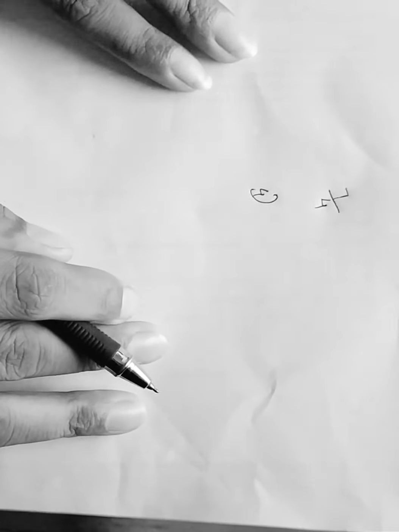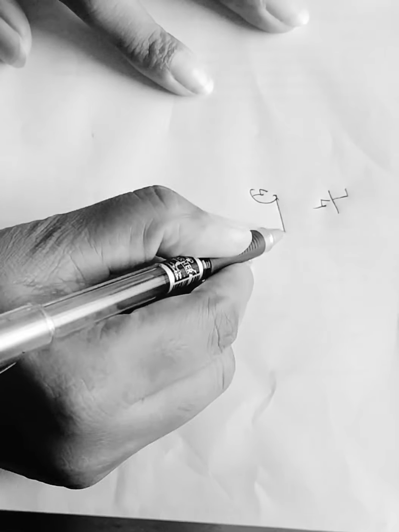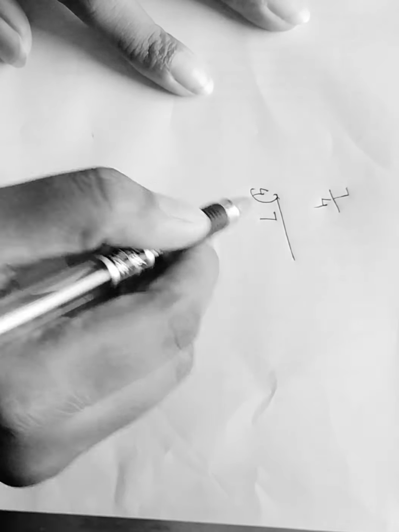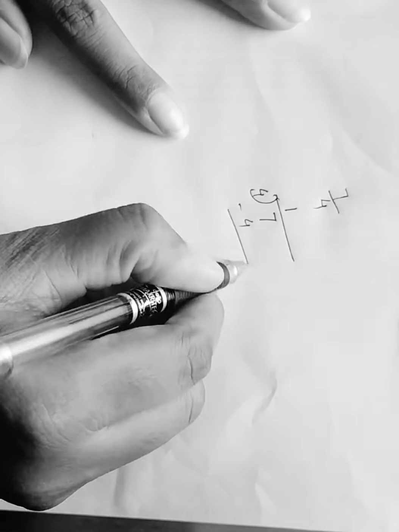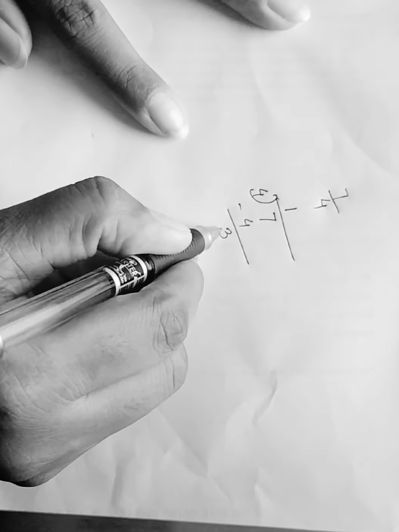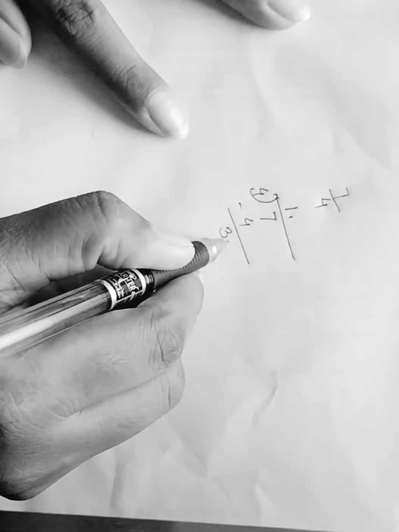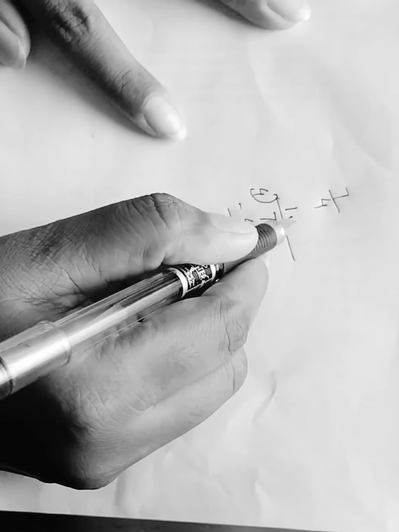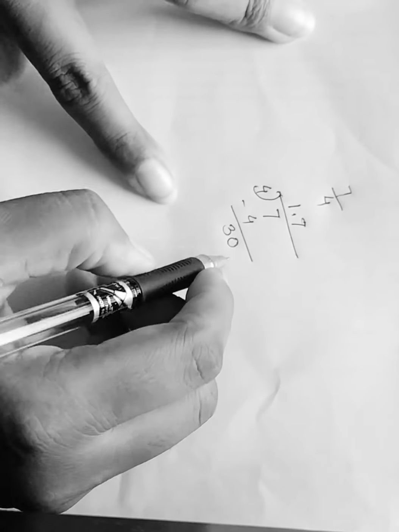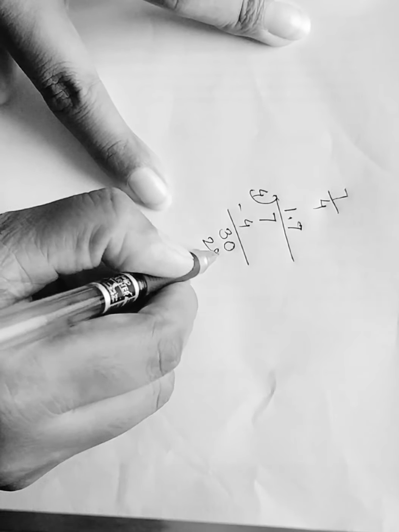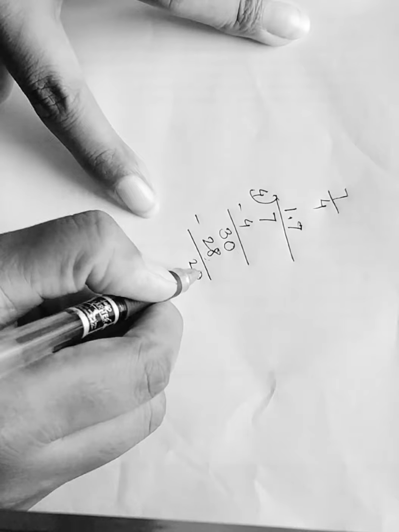See how it is. 7 upon 4 means the down number, that is the divisor, and inside it will be 7. 4 ones are 4. Remaining 3. Here point, and again you will take 0. Then 4 sevens are 28, remaining 2, 20.